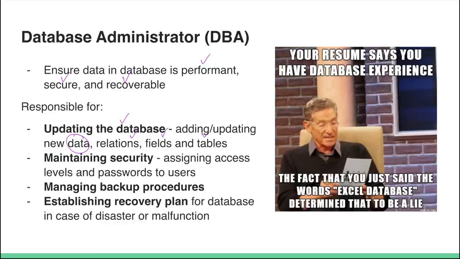And if that's being done in an automated way, they're at least going to test and make sure that those relations, fields, and tables are functional and operate efficiently. The next role, as you said before, was in maintaining security. Now, maintaining security refers to assigning access levels and passwords to users, just making sure that certain users can only access certain parts of a database.